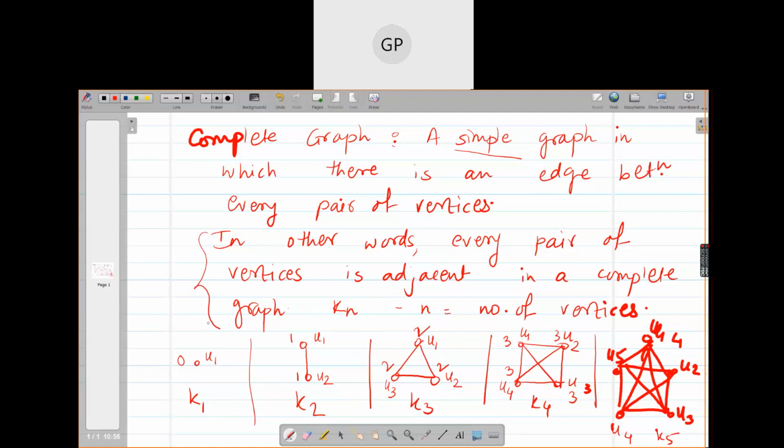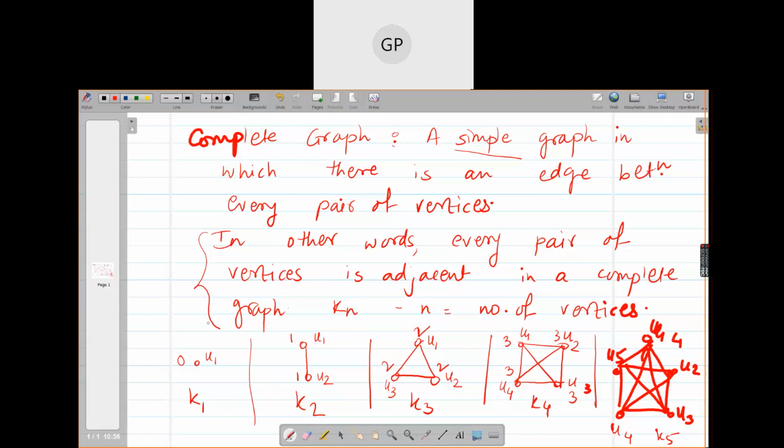If you are considering K4, if you choose one particular vertex, it is adjacent with remaining how many vertices? 3 vertices. Remaining n minus 1 vertices, right? And it's a simple graph, so you cannot draw any parallel edges or any loop also. Therefore, every vertex is adjacent to remaining n minus 1 vertices, and therefore, degree of every vertex is n minus 1.